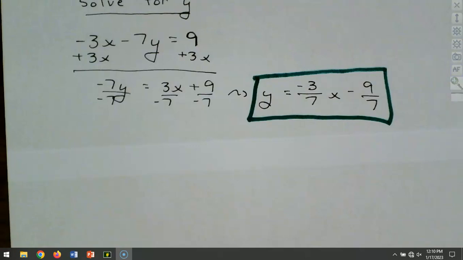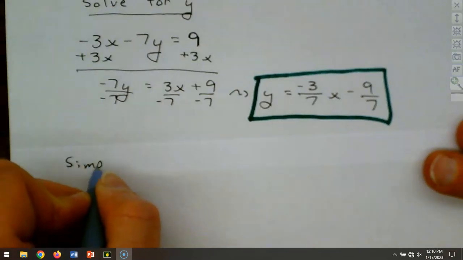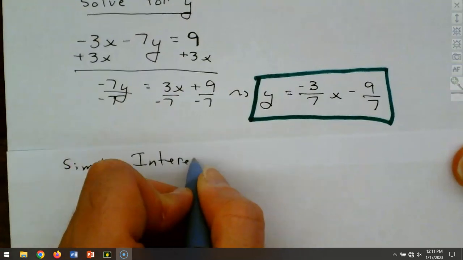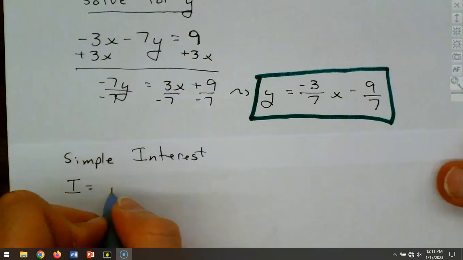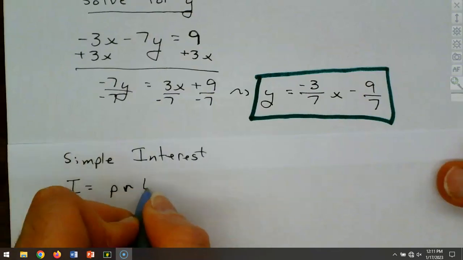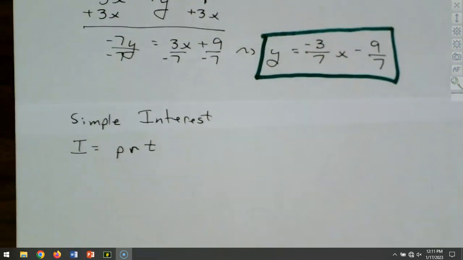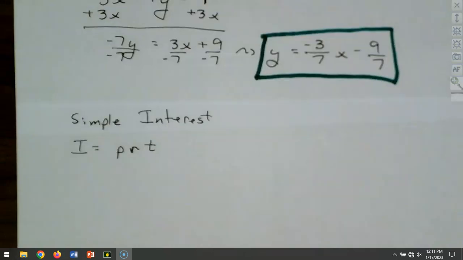But let's go ahead now and talk about simple interest. Simple interest is I equals PRT. When we get to chapter 4 and 5, we'll talk about compound interest. But we're only going to talk about simple interest today.